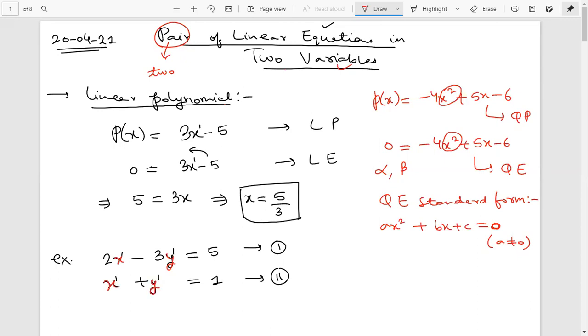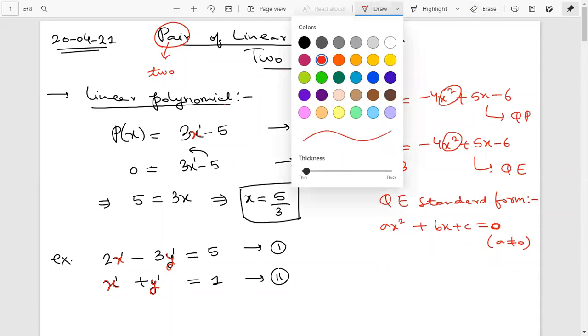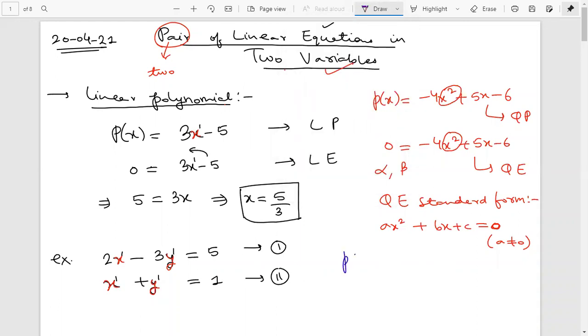In the previous chapter on polynomials, we have seen only one variable, that was x. We have examples of polynomials in terms of s, like p(s) equal to s square minus 6, but it has only s, not another variable.